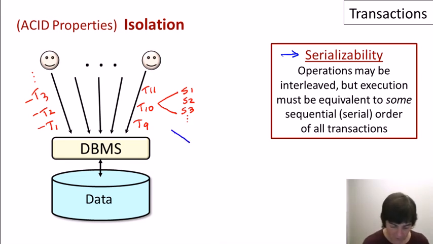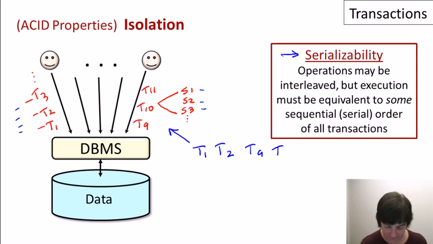So for our example over here, the system itself may execute all of the statements within each transaction and over here concurrently, but it has to guarantee that the behavior against the database is equivalent to some sequential order again. So perhaps the equivalent sequential order will be as if the system first did transaction T1 and maybe then T2, T9, T10, maybe back to T3 and so on.